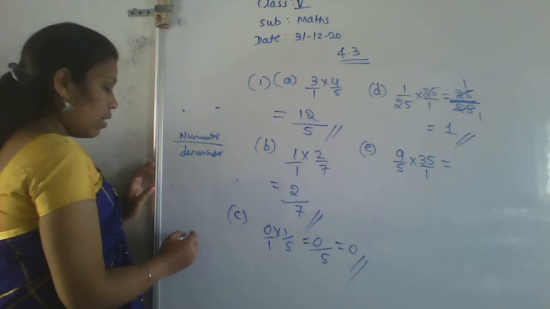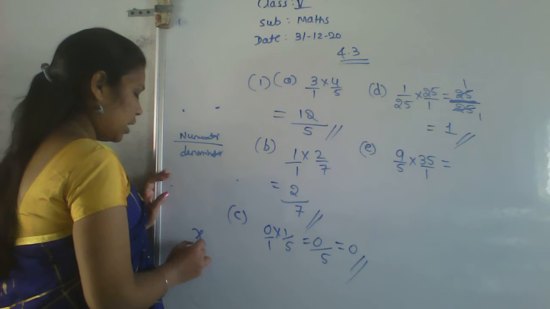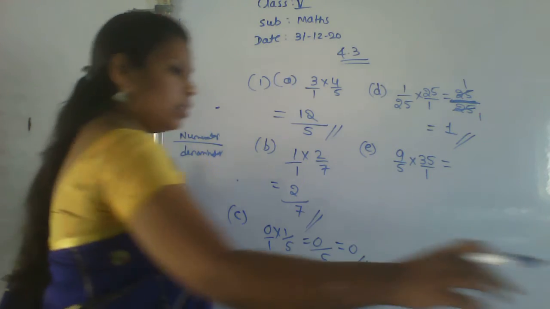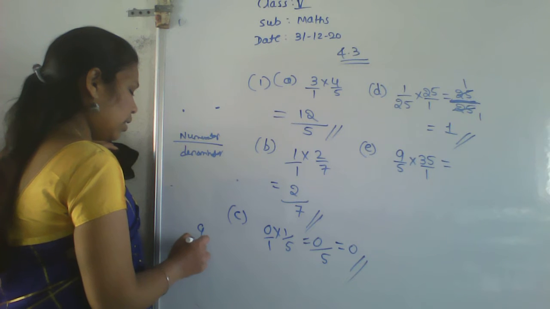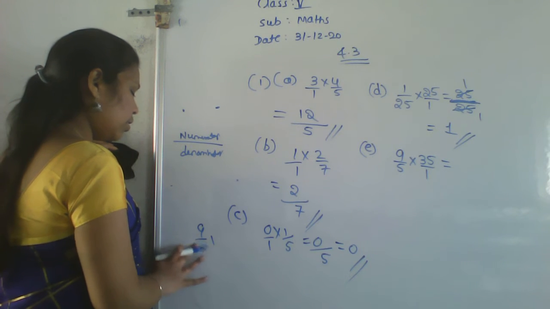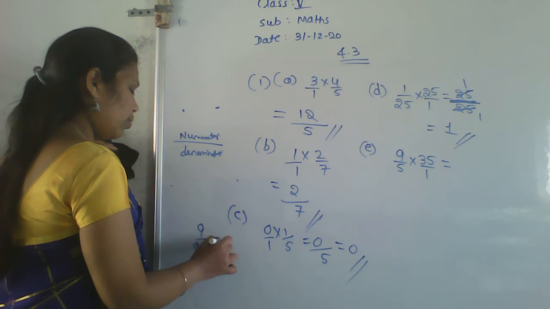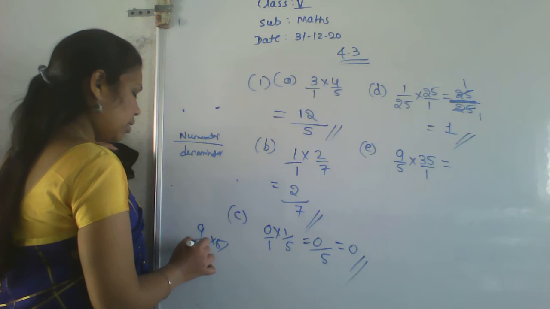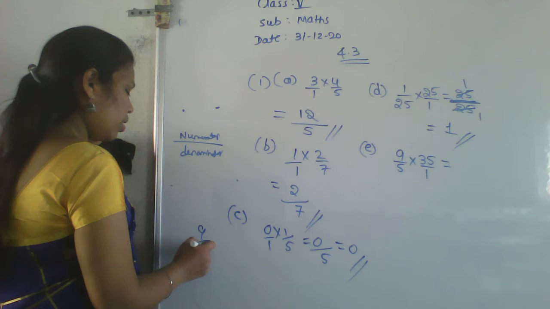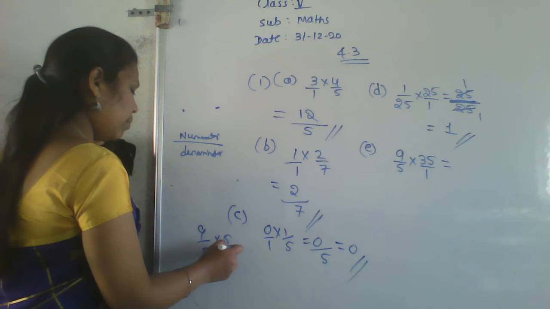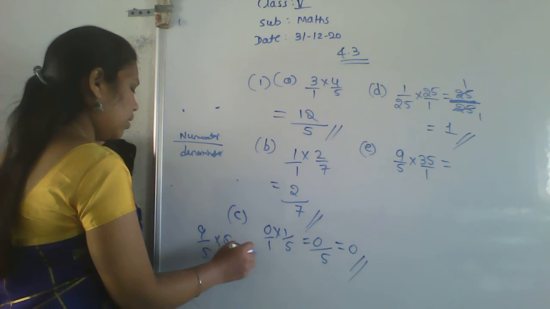See here, if any fraction is in a form like this, in general I am writing here 9 by 5 into 5 by 7.